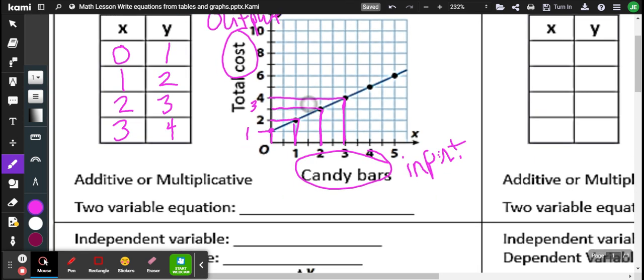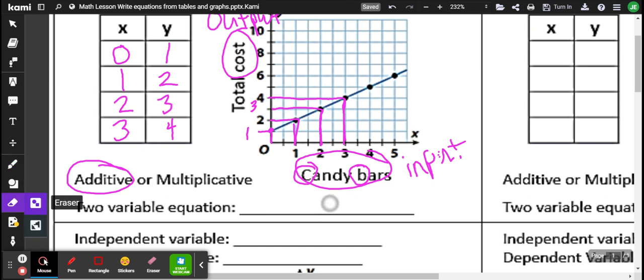We take a look at this. Is this going to be an additive or multiplicative rule? This is going to be additive. And the input to this situation, you could use C or B, candy or bars. I'm going to say that it's bars. And the rule is adding 1.